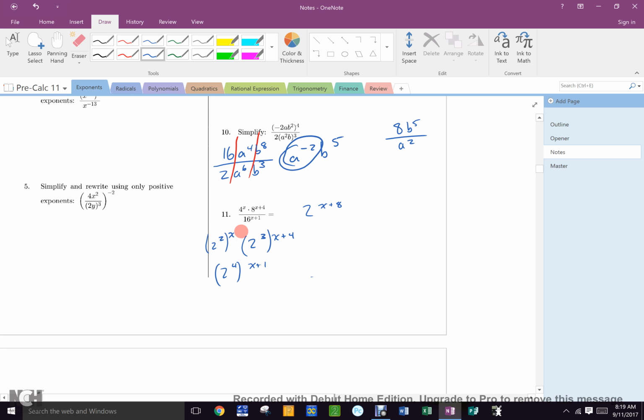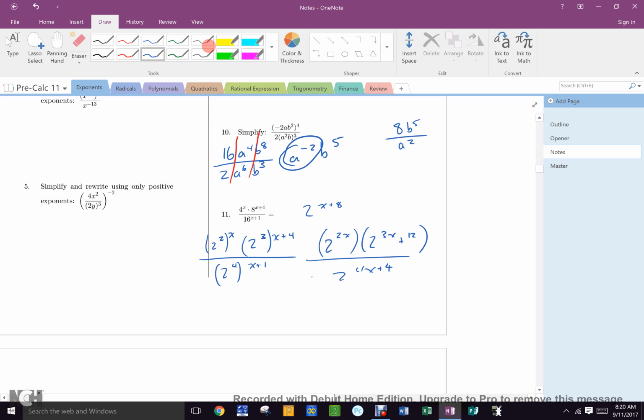Then what do you do over exponents? What do you do over brackets? Multiply. So that becomes 2 to the 2x, right? Times 2 to the 3x plus 12, right? Over 2 to the 4x plus 4, right?